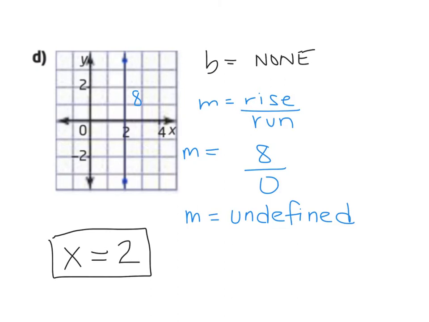Any vertical line would have an equation template of just x equals the number of the x-intercept. This is a special case that you might want to put an asterisk on and keep in your notes or in the back of your mind. You just have to recognize, oh, it's a vertical line, and it's going to take on its own equation format or template.